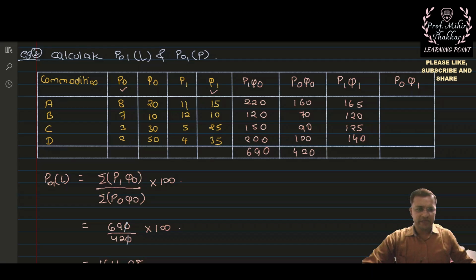8 into 15, that will give me 120. 7 into 10 will give me 70. Let us write it properly, one below the another. 3 into 25, that gives you 75, and 2 into 35, that gives you 70.